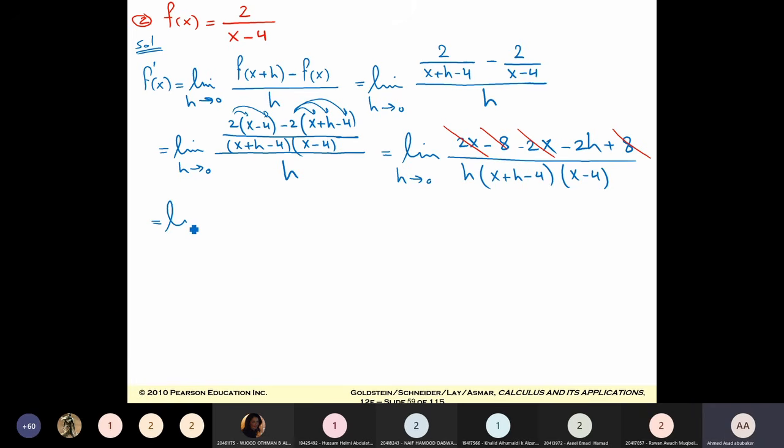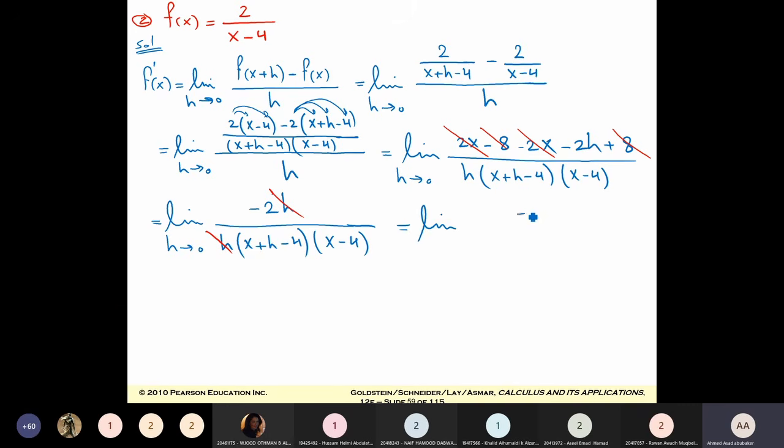This equals minus 2h over h, x plus h minus 4, and x minus 4. Now we can remove h with h. So after removing h from the denominator, we can also substitute h equals 0.